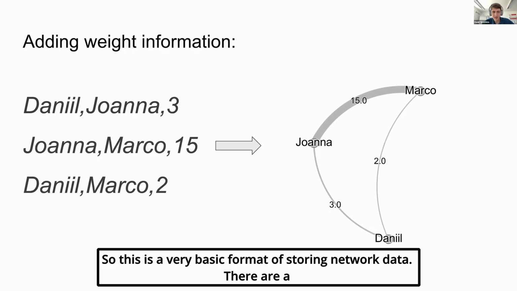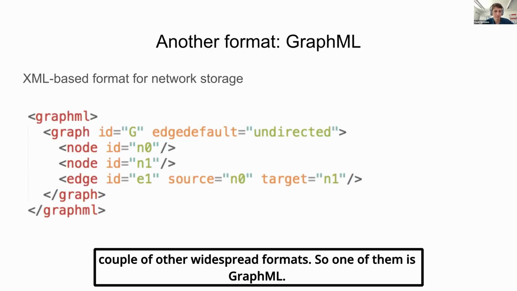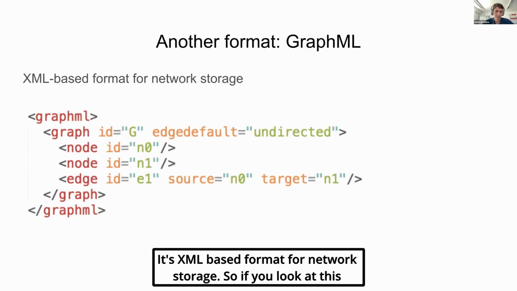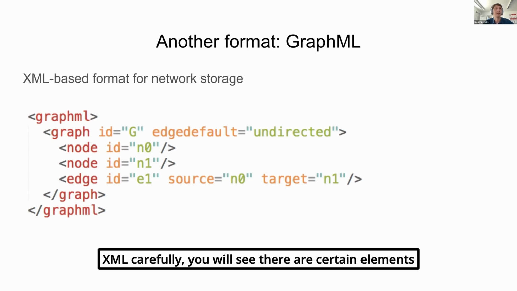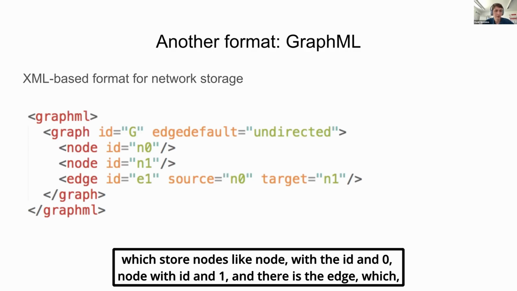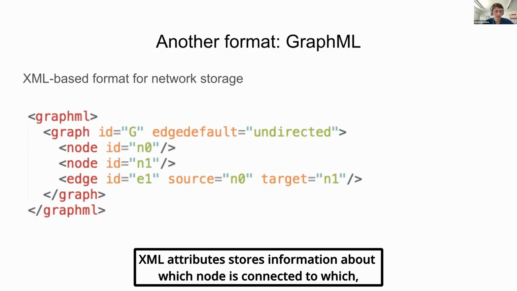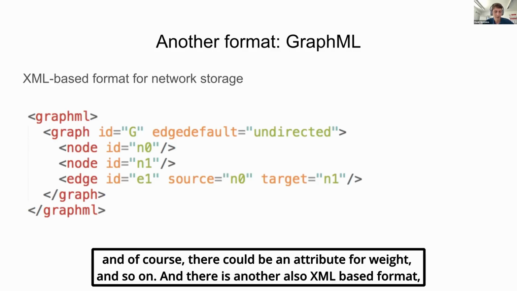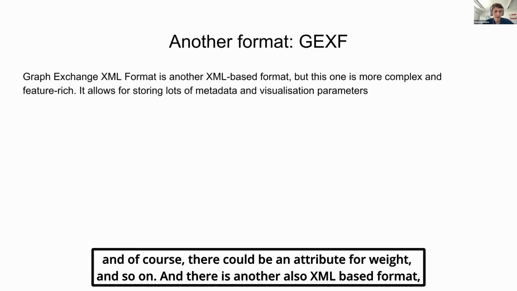This is a very basic format of storing network data. There are a couple of other widespread formats. One of them is GraphML, an XML-based format for network storage. If you look at this XML carefully, you will see certain elements which store nodes, like the node with ID n0 and the node with ID n1, and there's the edge, which as an XML attribute stores the information about which node is connected to which, and of course there could be an attribute for weight and so on.